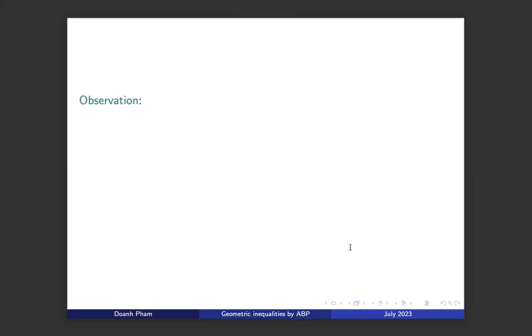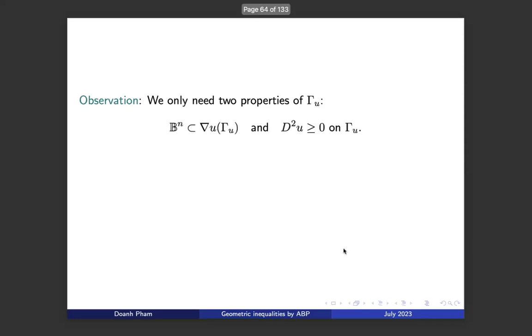So we make some observations. There are two properties of gamma U that we actually need. The first is that the unit ball is a subset of the image of the gradient of U on the lower contact set. Secondly, the Hessian of U is non-negative on the contact set.